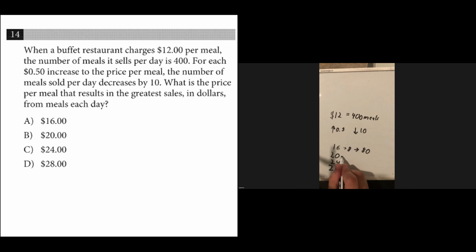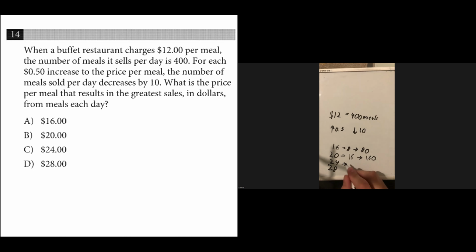Okay, for 20, it would be 16, and we lost 160 meals. For 24, it would be 24 minus 12.